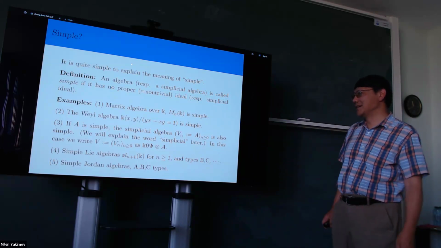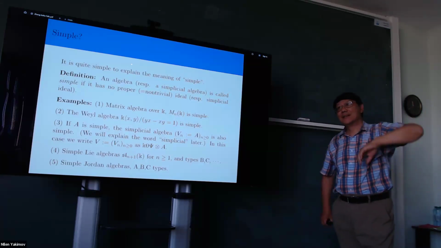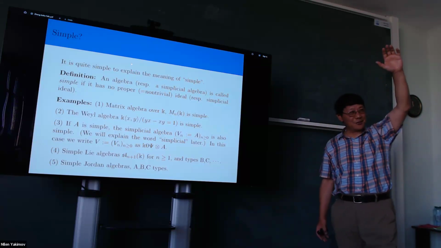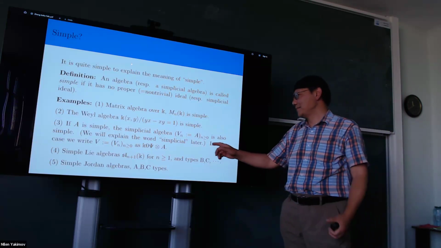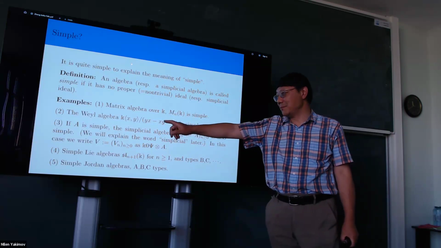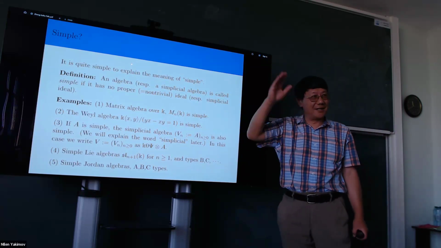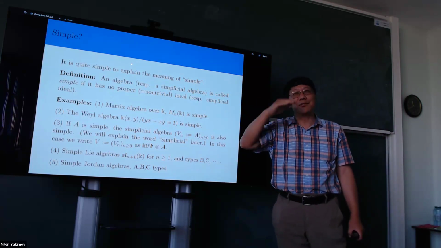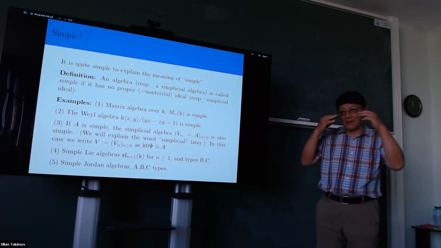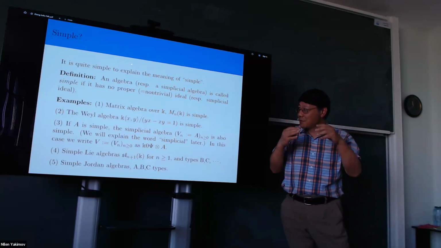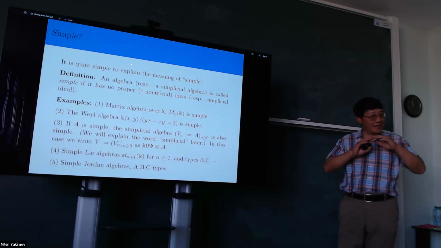A simplicial algebra, I haven't explained the word simplicial yet, but a simplicial algebra can be thought of like a graded algebra or an algebra with different levels. If A is a simple algebra, then we look at the simplicial algebra where each level is A, and this will be a simple simplicial algebra. This means that we don't have any non-trivial or proper simplicial ideals.